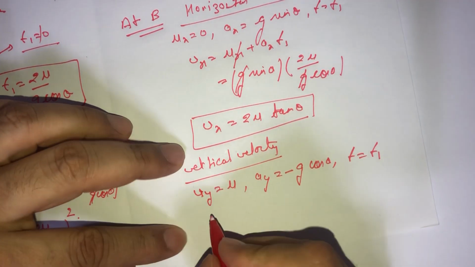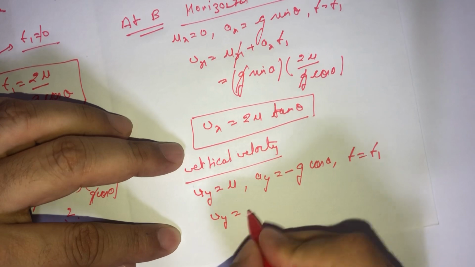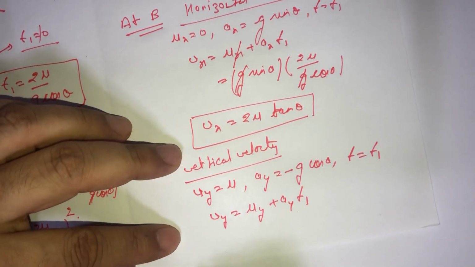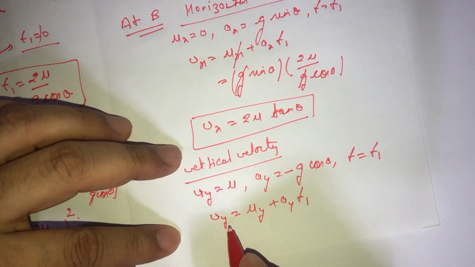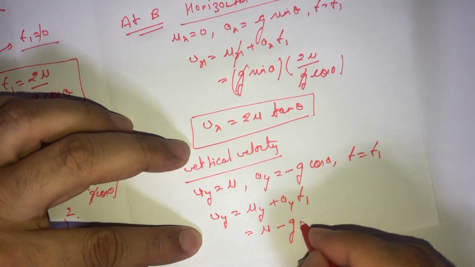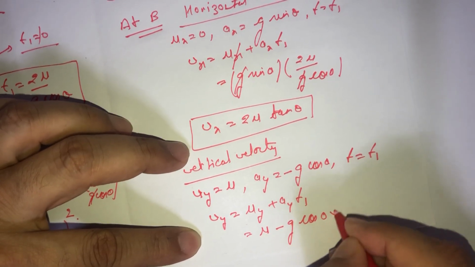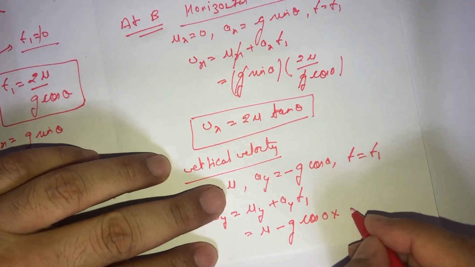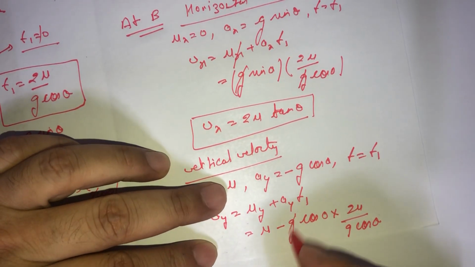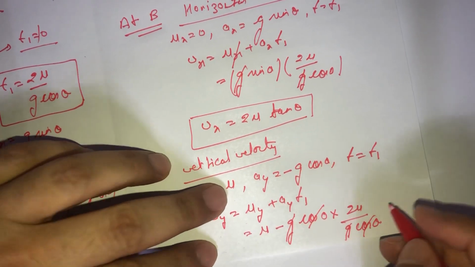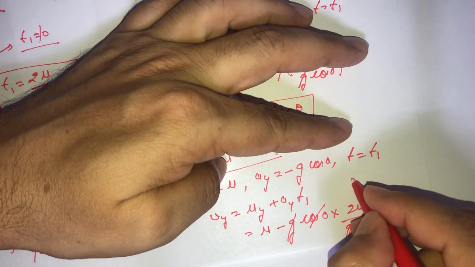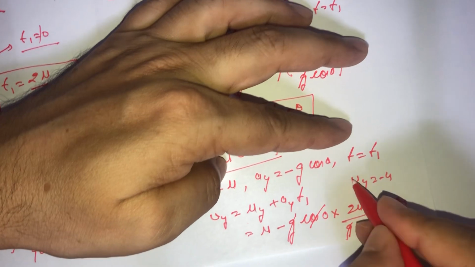Again we use the same formula: v of y is equal to u of y plus a of y t1. So u of y is u, minus g cos theta, and t1 is 2u over g cos theta. g and cos theta cancel out, so this comes as u minus 2u. So we can say that v of y is equal to minus u.